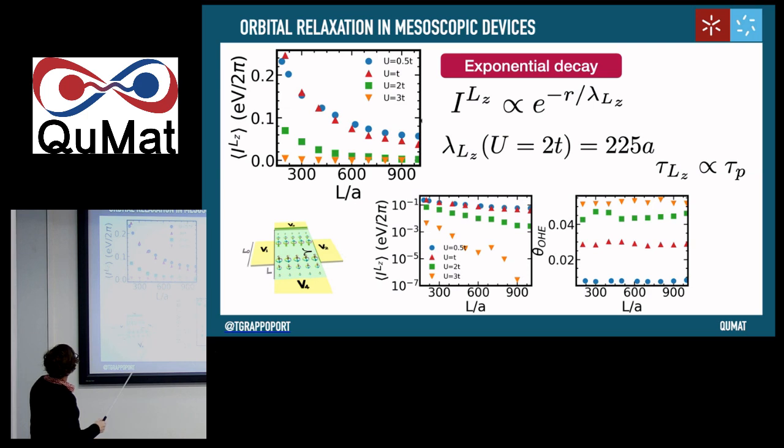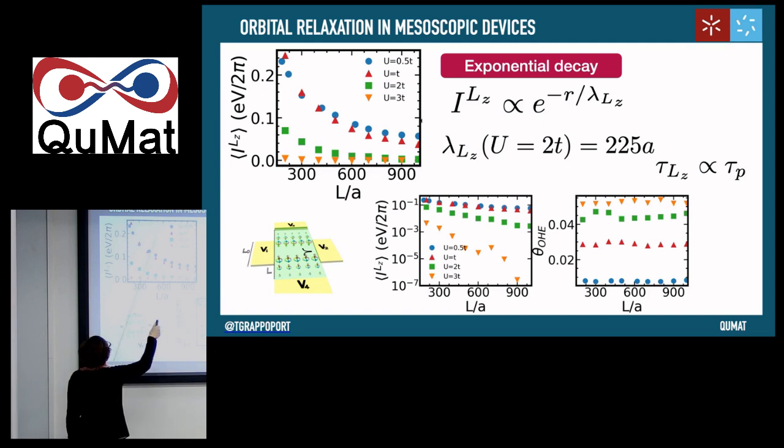We can also look at this device again, but now we can increase the value of L, so we can have relaxation processes, and we can look at how this orbital current is detected here when you change L. And we see that there is always a decrease of this current with L. We can plot this in log scale, and for 0.5, it's difficult to see if you can have an exponential fit, but for the other three values, we can have an exponential fit.